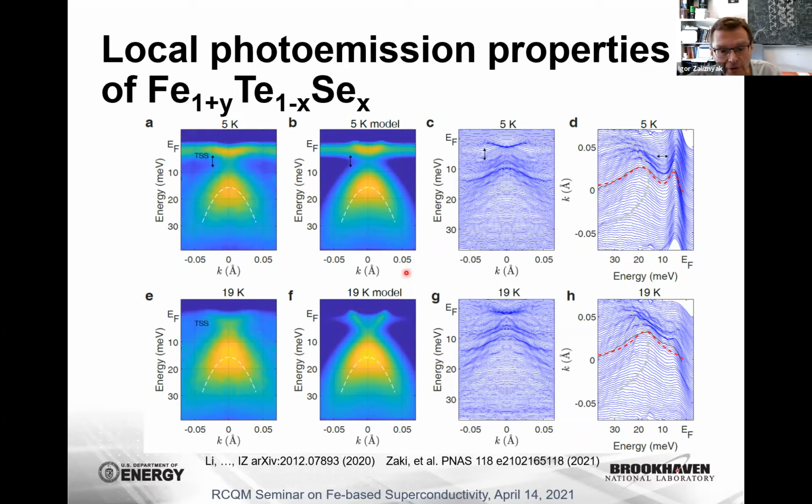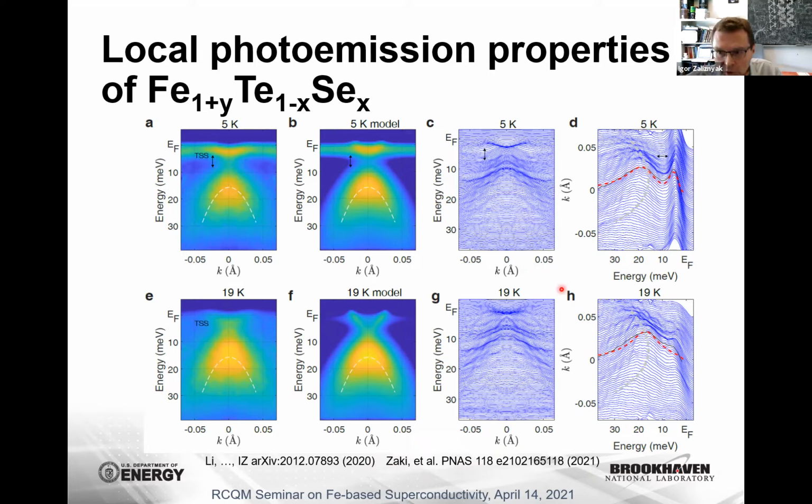This is a color plot of the typical fit at 19 Kelvin, above the superconducting transition temperature. This is just to show that there is a gap in the topological surface state that opens upon entering the superconducting state. This is something that was recently reported by Peter Johnson's group in this paper here. The main point I wanted to emphasize is that our model gives a very accurate account of all the features that are observed in the spectrum.